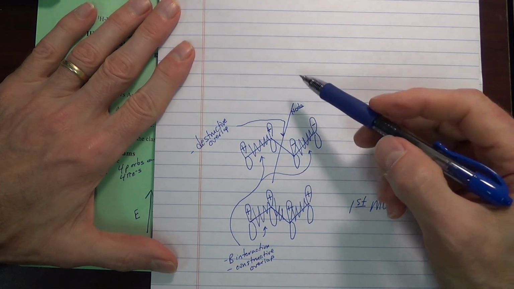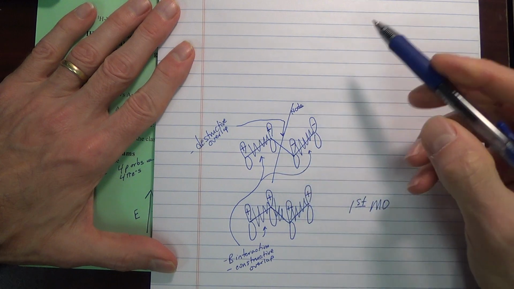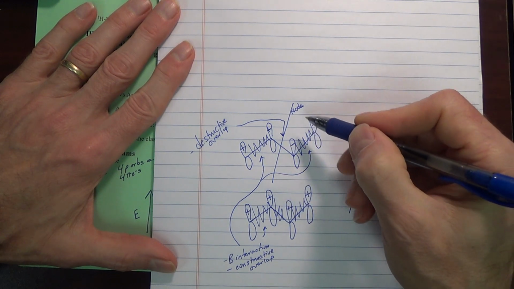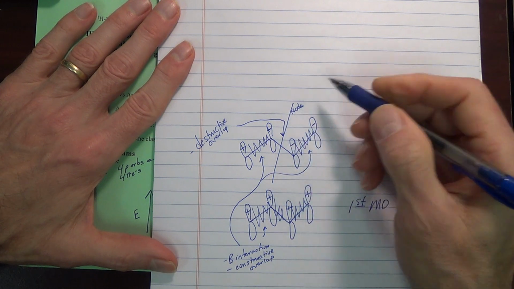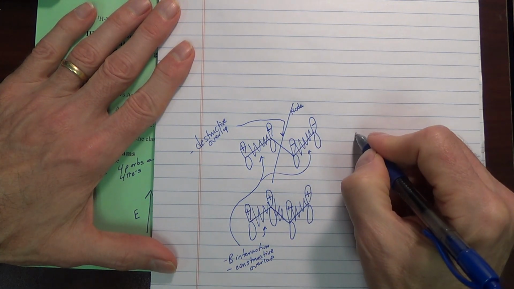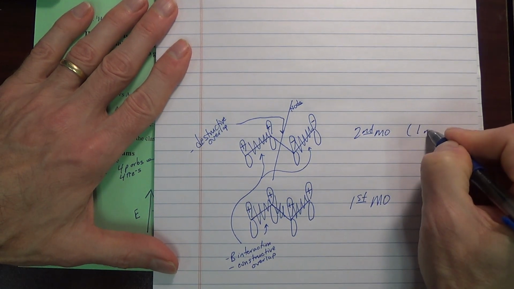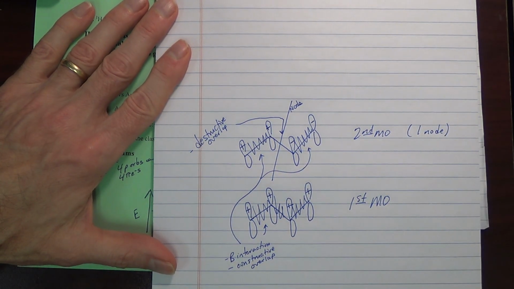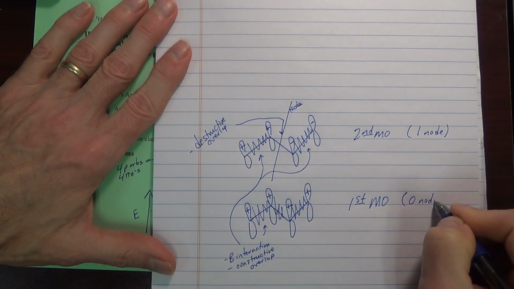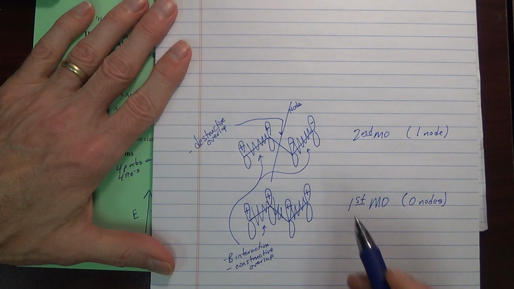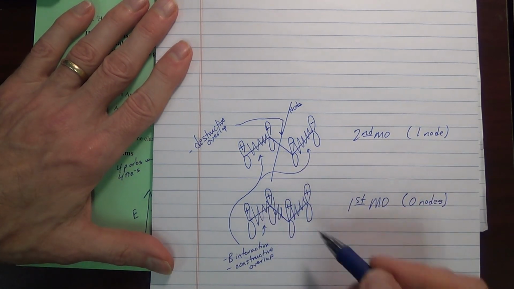A node is a plane where it splits through the molecular orbital where there is no electron density. Okay? So here's our second MO, and we can note that it has 1 node. And by the way, if we go back down here, this one has 0 nodes because there's no plane through this MO where there's no electron density.